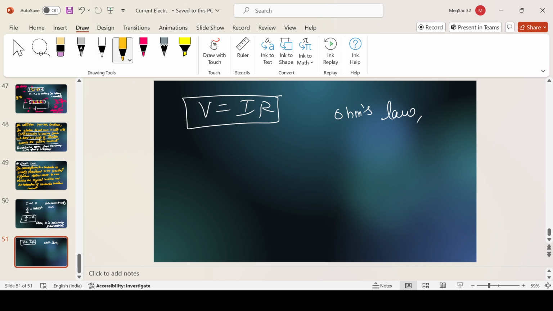Now when a unit current flows, what is the value of unit current? 1 ampere of current flows.